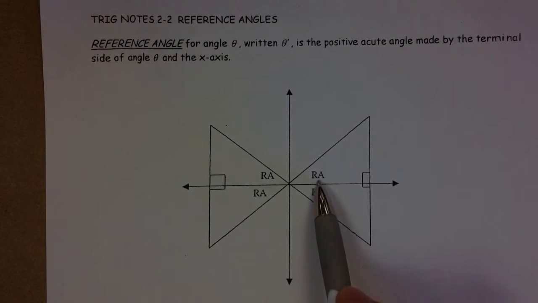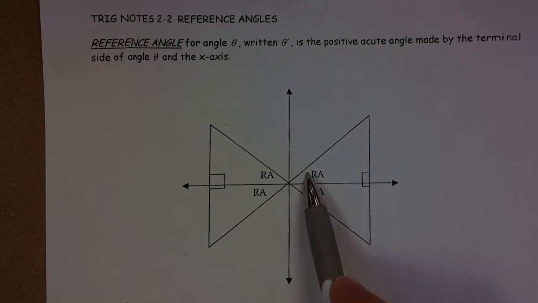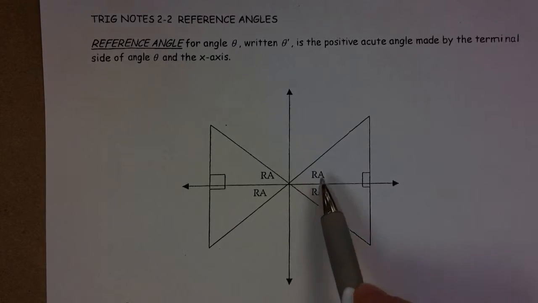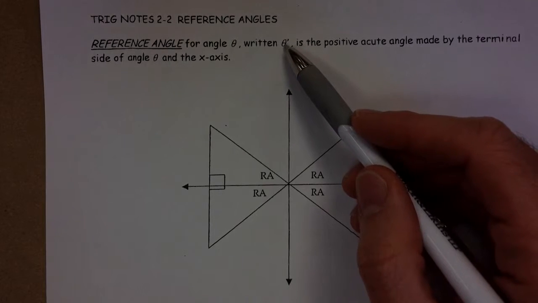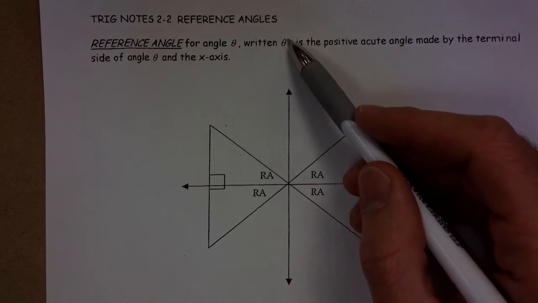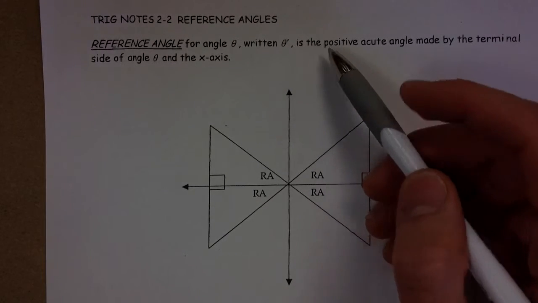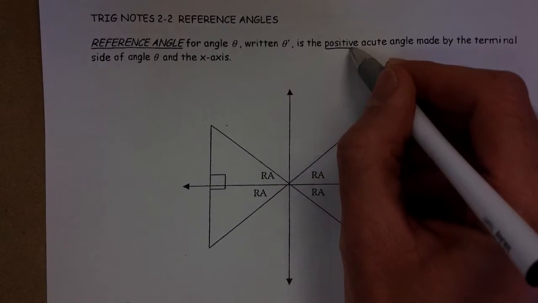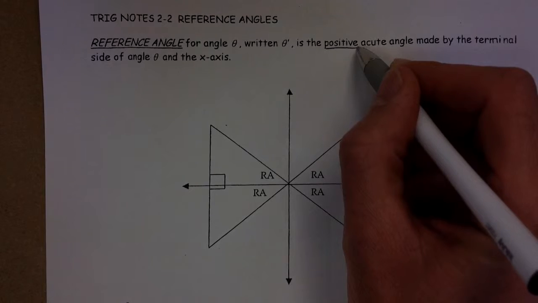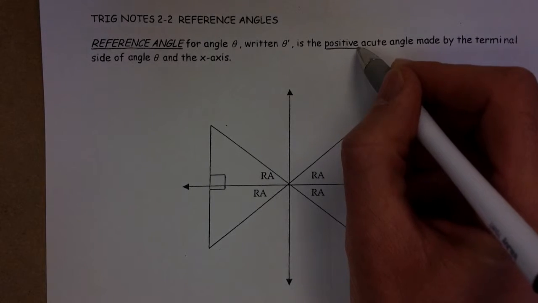The reference angle is an angle inside a right triangle, as you can see here. We'll use an apostrophe next to theta to denote it, often said theta prime. You need to know that it's always positive, so I would underline that. You'll never have a negative reference angle.